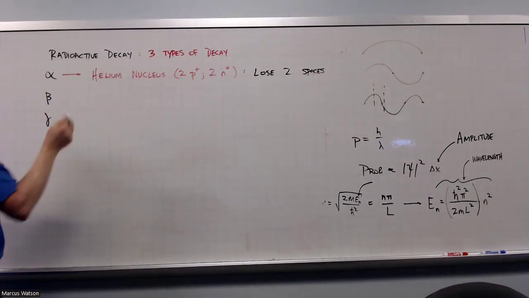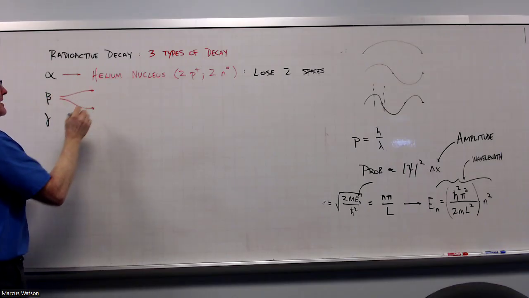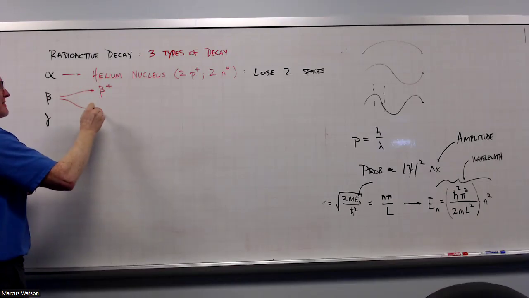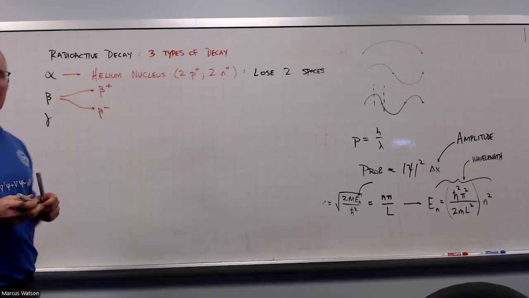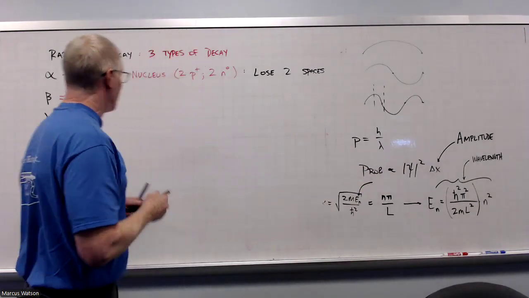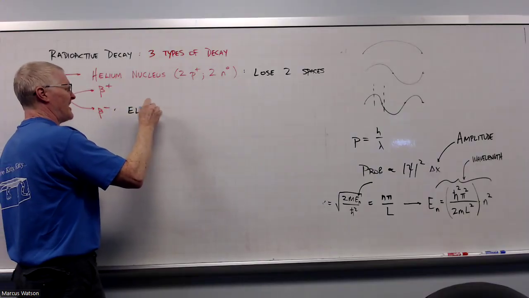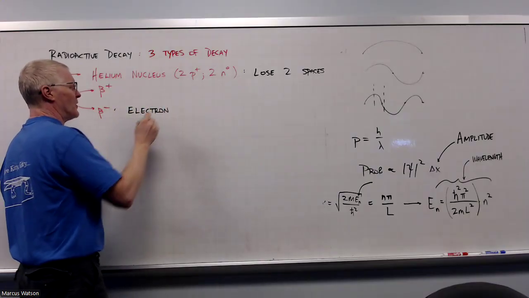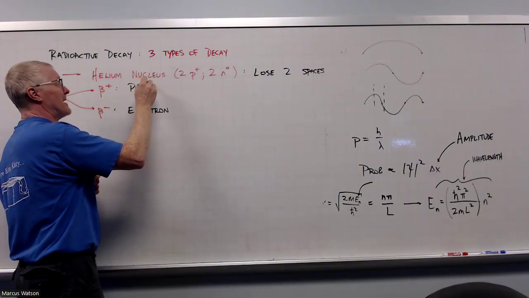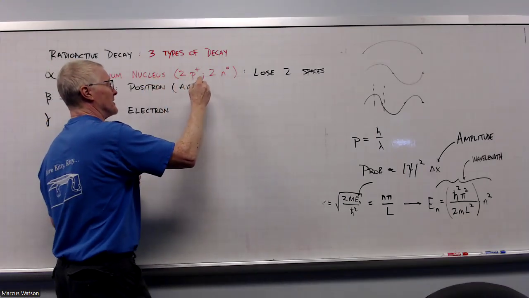Beta decay. The beta decay has actually two modes. It has the positive and the negative. And beta negative is just the emission of an electron. Okay? This is an electron. Whereas the beta positive is a positron, antimatter. Right? This is the antimatter electron.